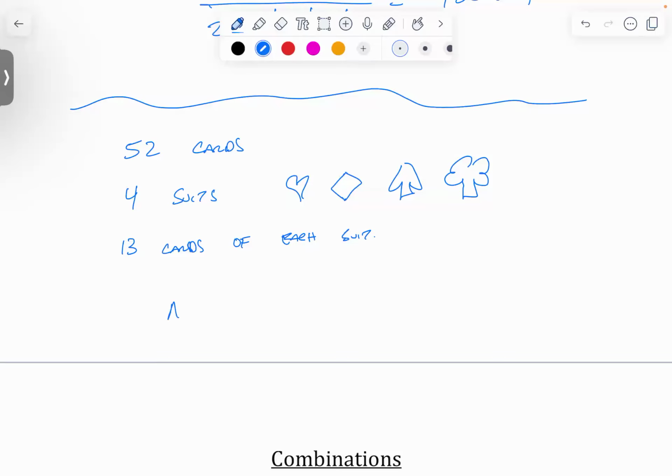They go ace, 2, 3, 4, 5, 6, 7, 8, 9, 10, jack, queen, king. These are the face cards. There are 12 total face cards in a deck.